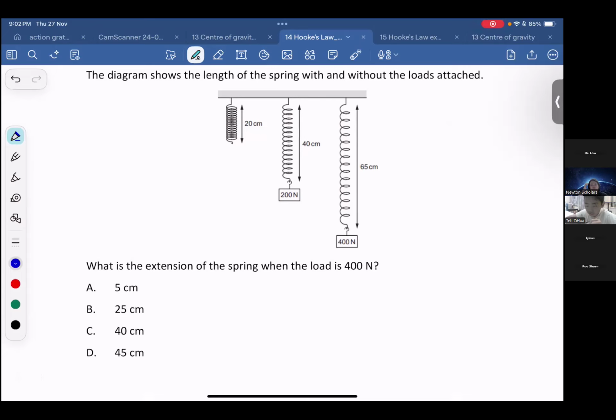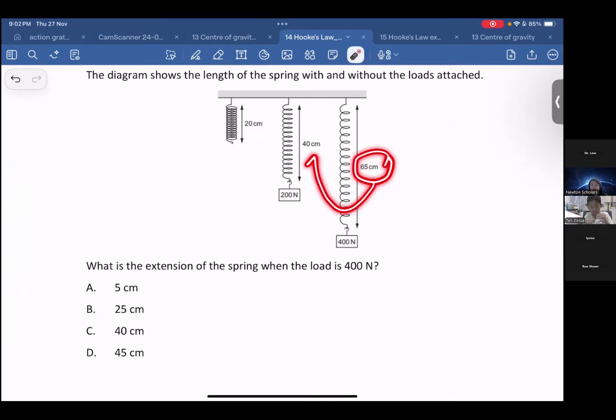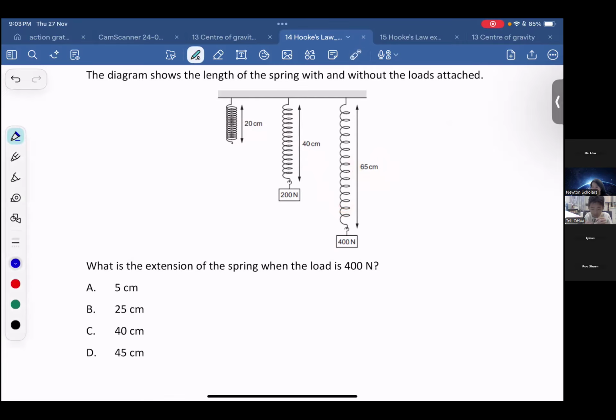You need to really understand how to find extension. Most students give me the wrong answer because they try to use 65 minus 40. But no, dear, no. Extension is your new length minus your original length.